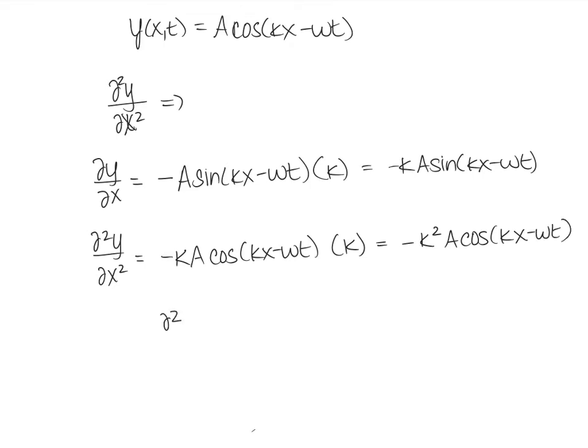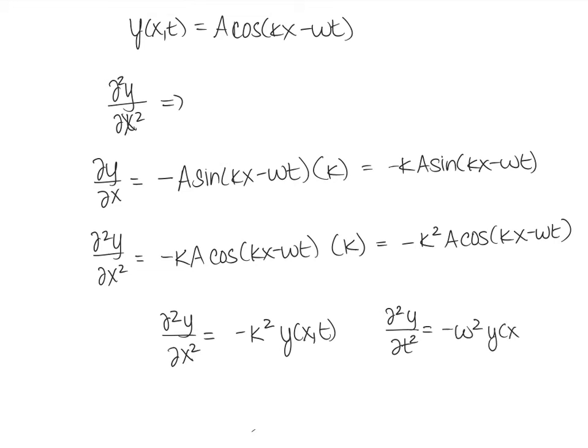So the second derivative is going to be minus k squared y. And remember also we found that the second derivative with respect to time was minus omega squared y. Okay, so those are our results so far.